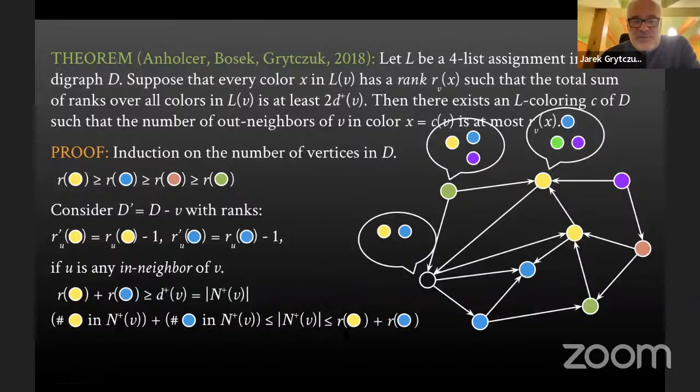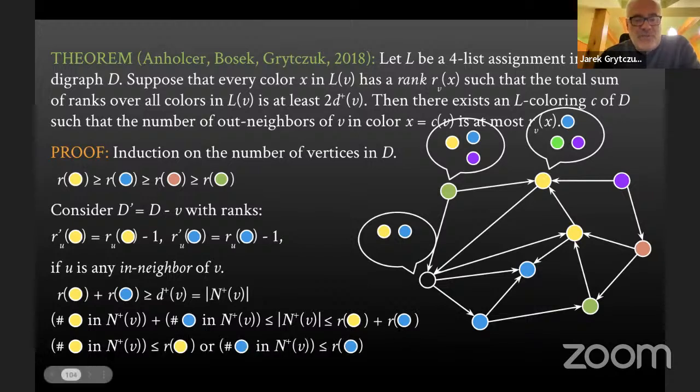The sum of two numbers is at most the sum of two other numbers. So of course, at least one of these numbers must be bounded by the other. And this is exactly the condition we were looking for. So we choose the color that satisfies this inequality. For instance, suppose it's blue. If we have this inequality, we choose blue, and we are happy.